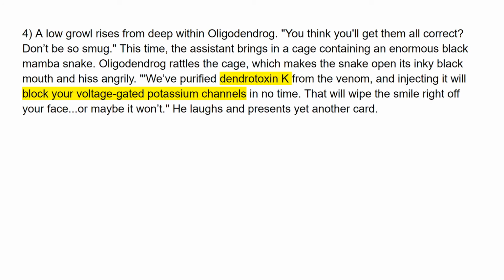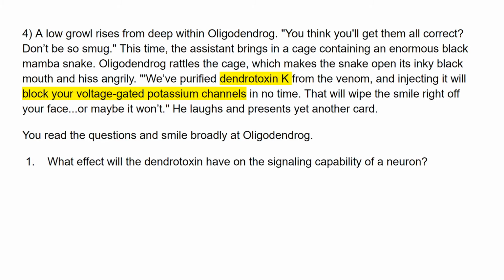All right, so this dendrotoxin is blocking the voltage-gated potassium channels. So first question, what effect will the dendrotoxin have on the signaling capability of a neuron? So normally the voltage-gated potassium channels are going to open and then potassium is going to leave.